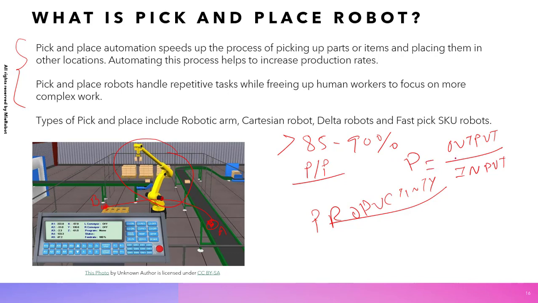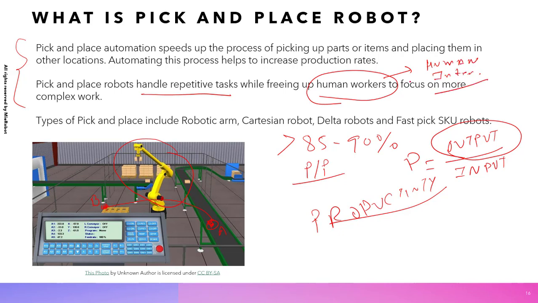Your output increases, and hence your productivity increases when you use robotic arms, because they are more efficient, they can handle repetitive tasks, and they free up human beings to do more creative work, more thought process, or things which require human intervention. So that's the crux of the robotic arm, and they increase the production rates.